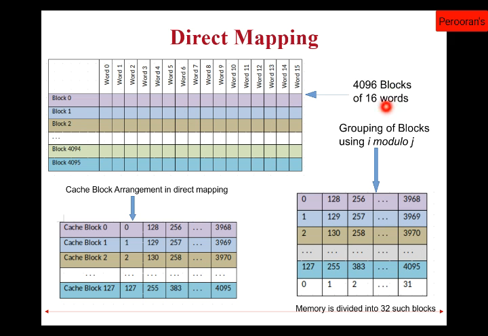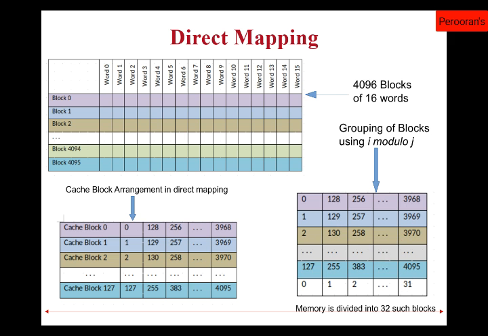Now what we will do? We will group these like this. That means 0, 1, 2, 3 up to 127, 128, 129 up to, so such 4096 blocks we are placing in this table. Now what we will do is divide this memory into groups of 128 blocks. So in total we will get 32 such groups.